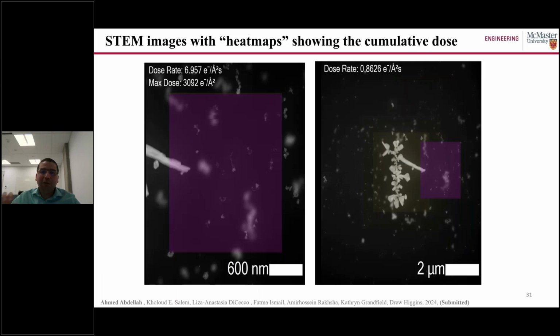If you zoom out, you can visualize which area is exposed to high beam dose. All in this area is just dissolution, no particles there. On the other side, if you have a medium dose rate, you get, in the other area, the yellow color.